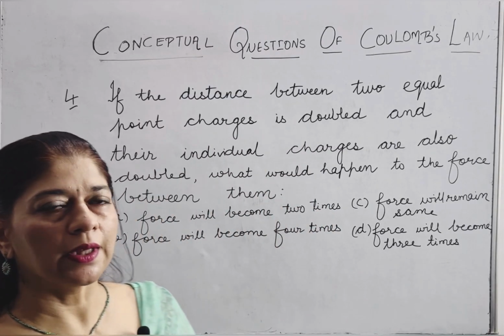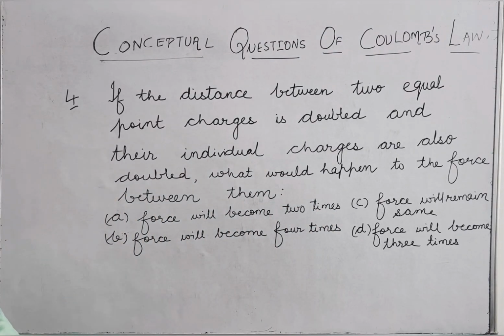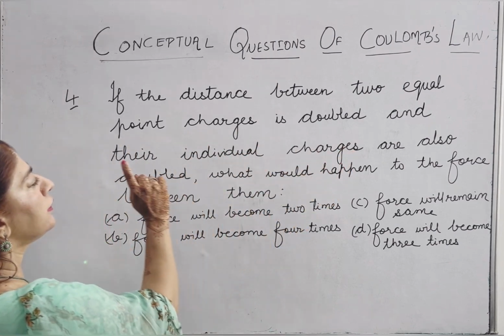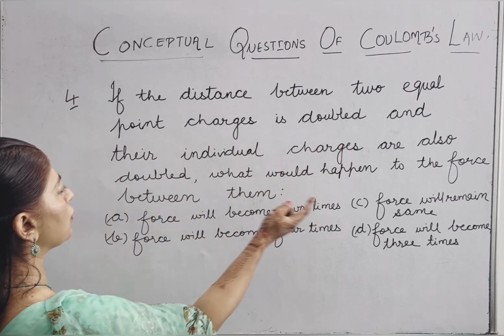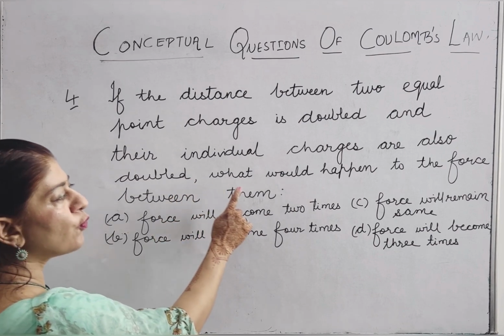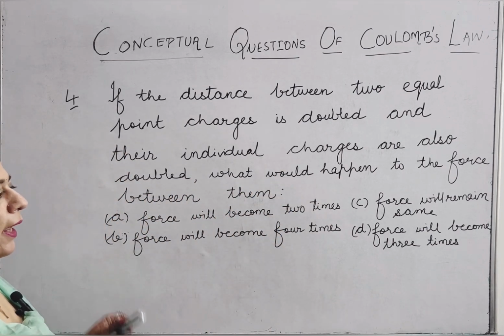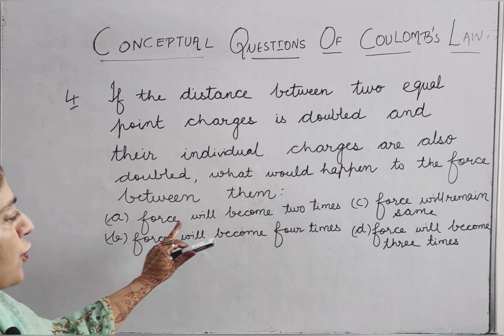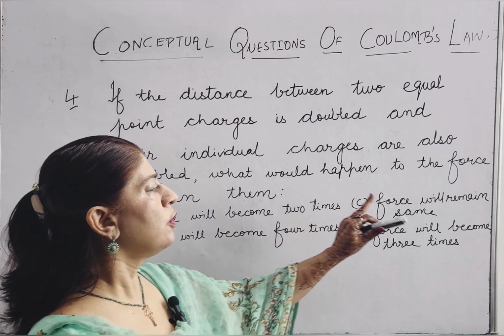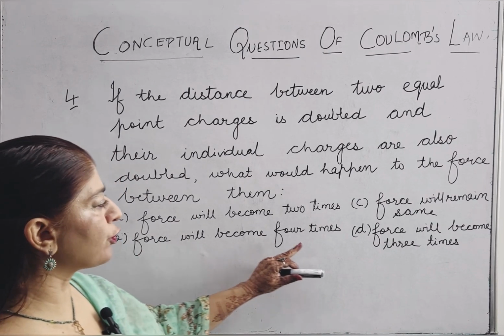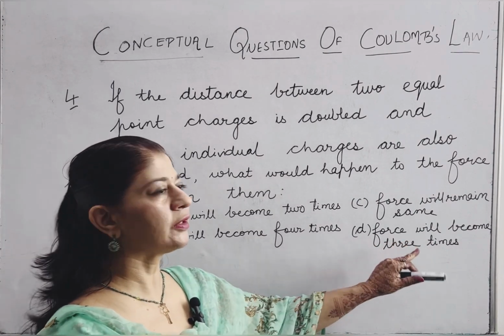The next question is, if the distance between two equal point charges is doubled and their individual charges are also doubled, what would happen to the force between them? And the options are, force will become 2 times, force will remain same, force will become 4 times, or force will become 3 times.